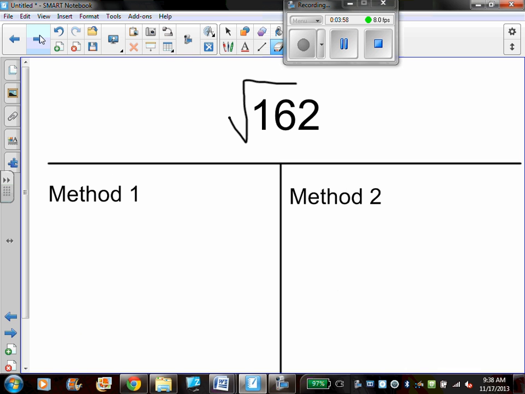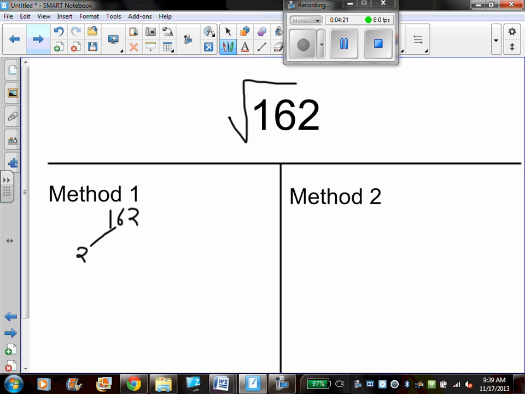We can apply similar ideas to this one. So let's say that you don't see any perfect squares fitting out of this number. What you could do then is start with method 1. 162. Well, I see that there's a 2 in this, and I know that number is going to be divisible by 2 because it's even.